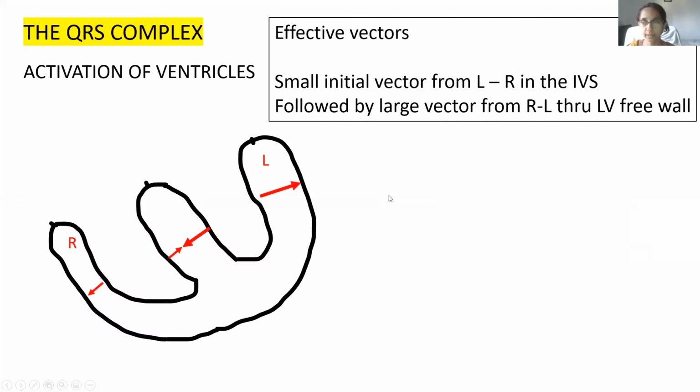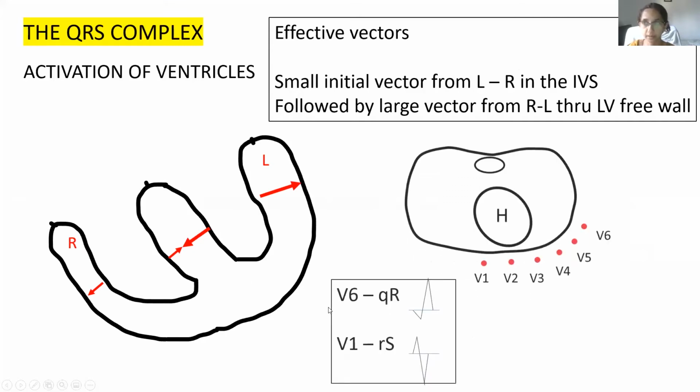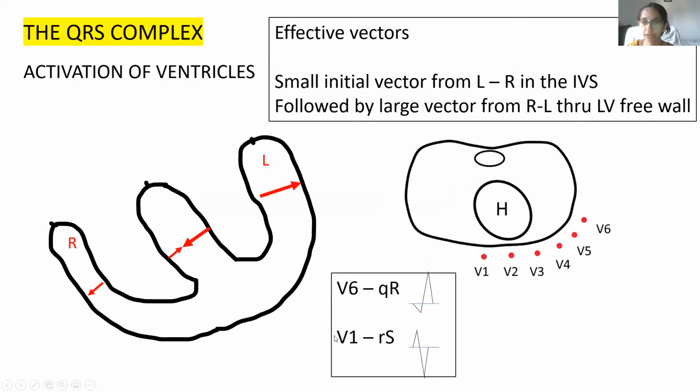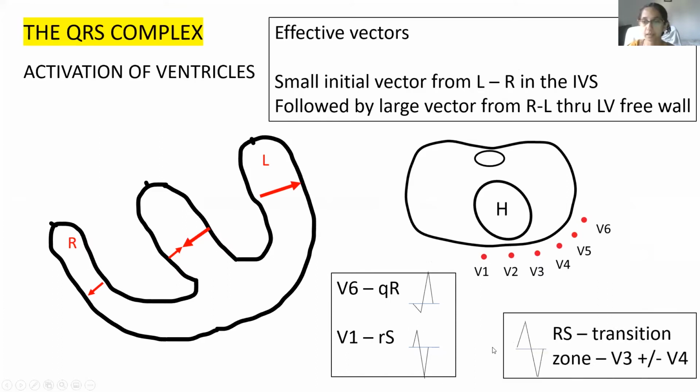The QRS complex is primarily the activation of the interventricular septum, where the net vector is from right to left, which gives this typical QR pattern in V6 and RS pattern in V1.